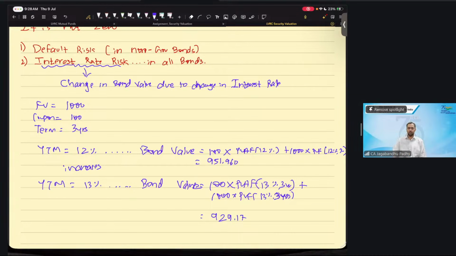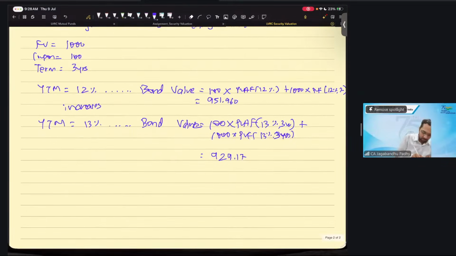That's okay. So what we observe is as the YTM increases, bond value is going to decrease. So this is exactly the risk that we are talking of.